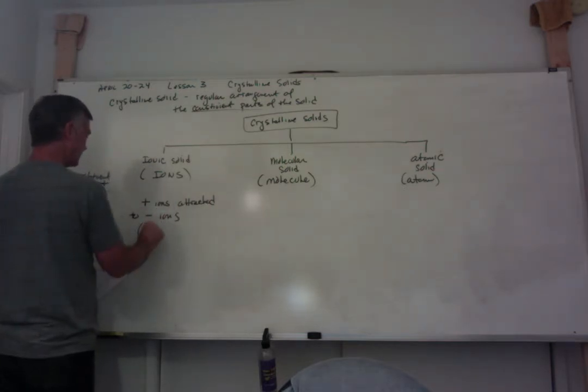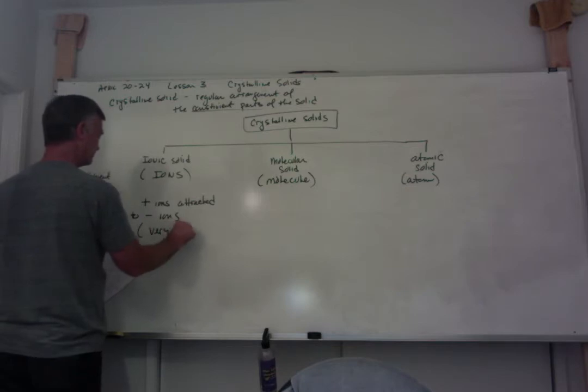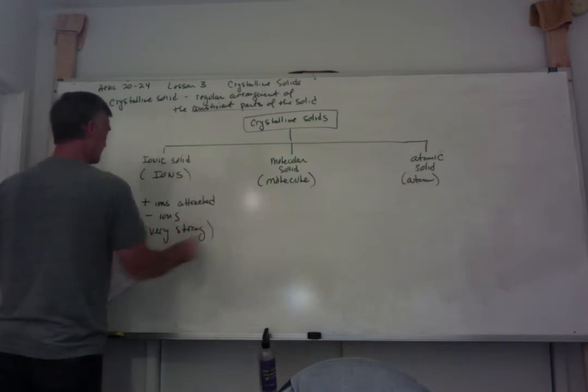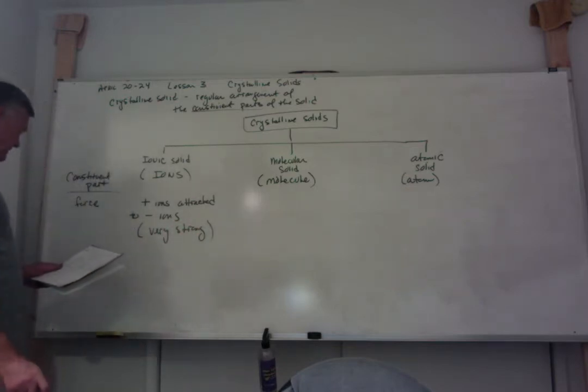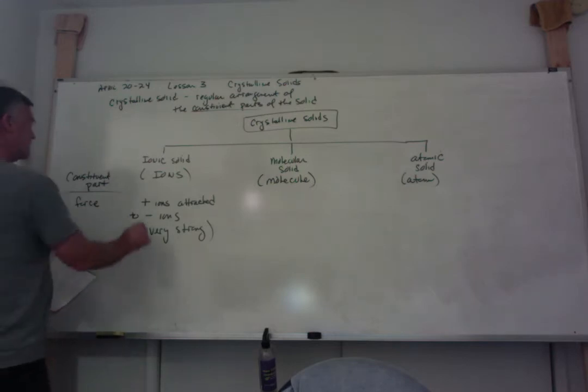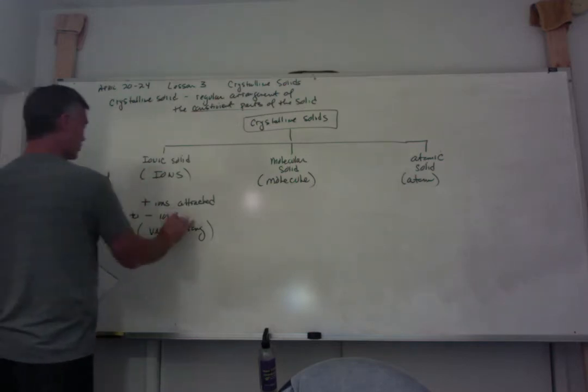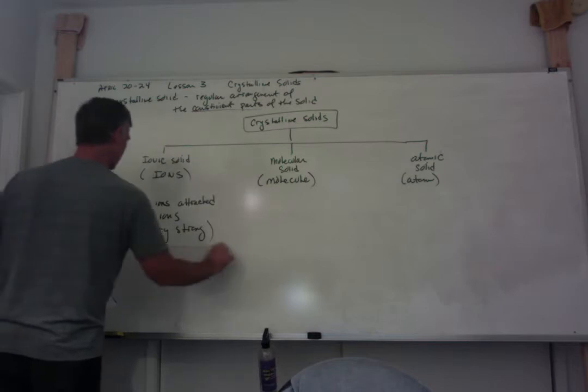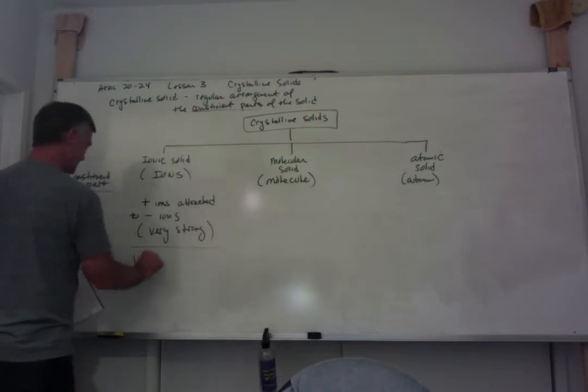It is a very strong bond. And as a result, the stronger the bond, most ionic solids have very high melting points.